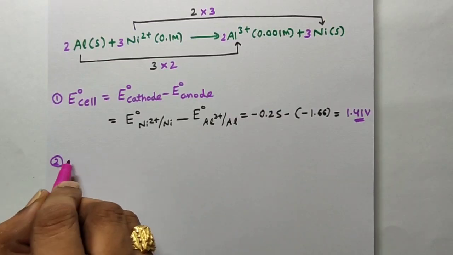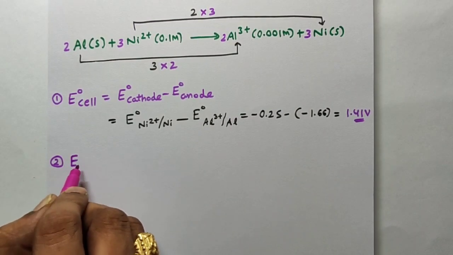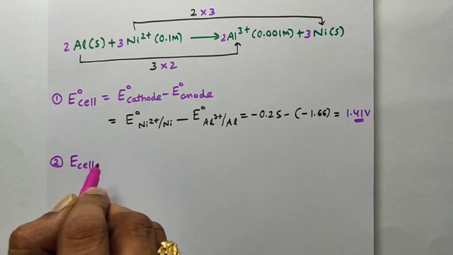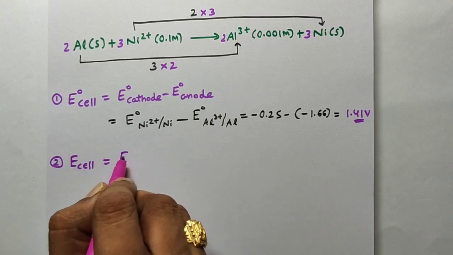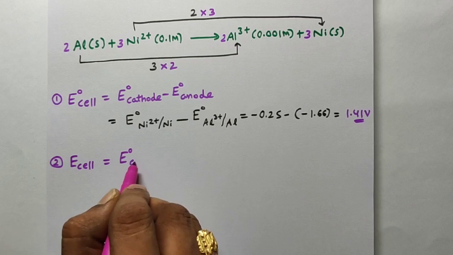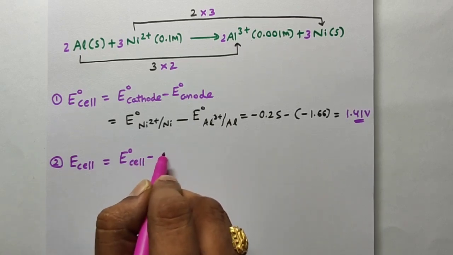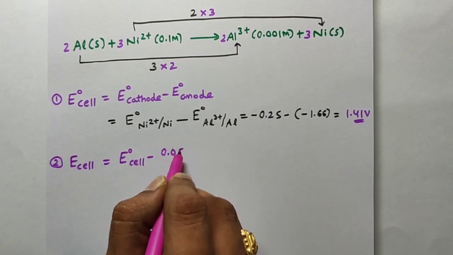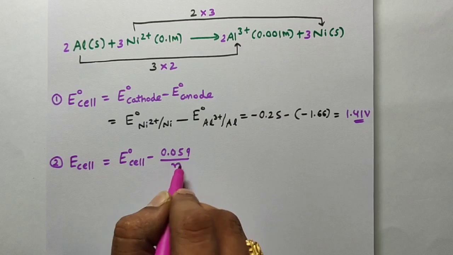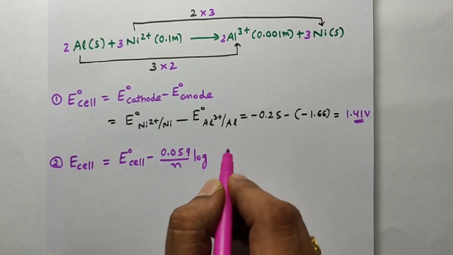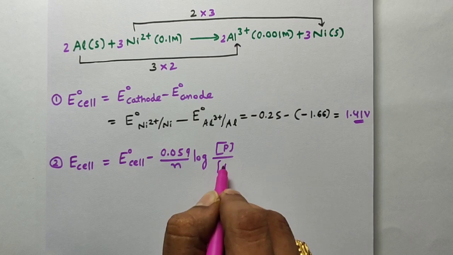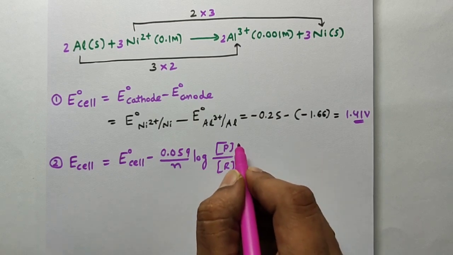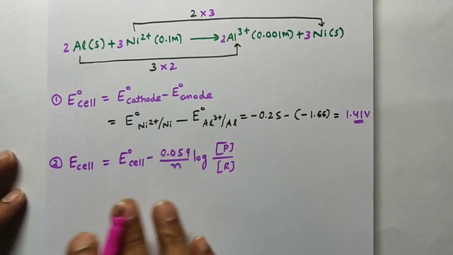Next, let us find the EMF of the cell. What is the formula? We have to write the Nernst equation: E cell equals E naught cell minus 0.059 by n, log of product concentration divided by reactant concentration. If a stoichiometric coefficient is there, you have to write it as a power.